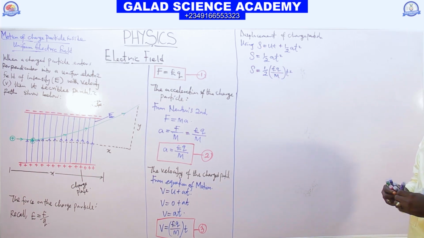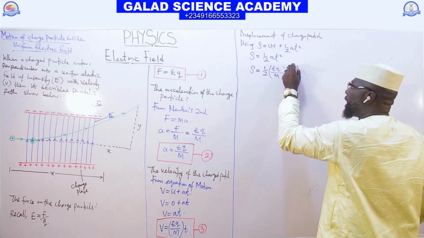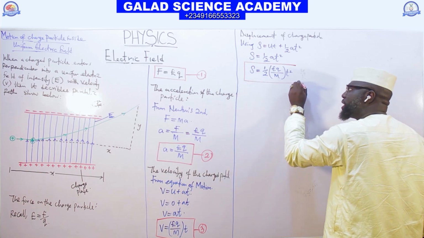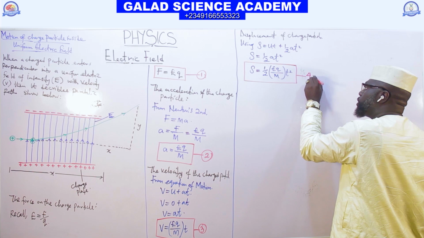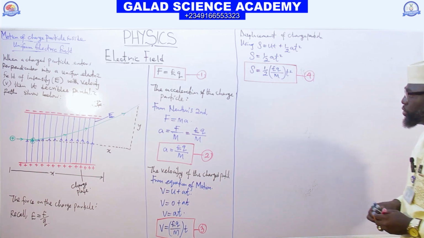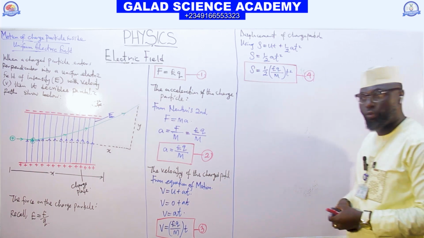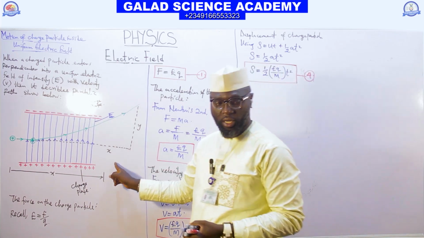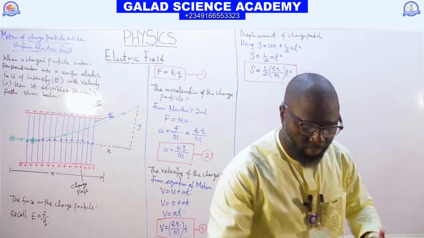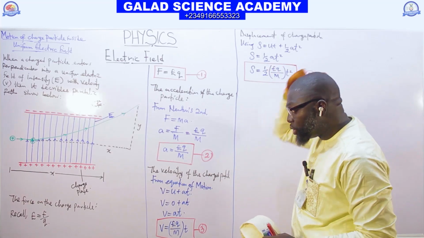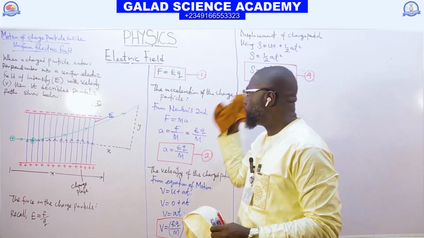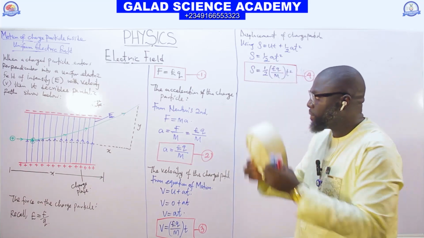If you are asked to find the displacement, this is the formula for displacement of a charged particle in a uniform electric field. This is equation 4.